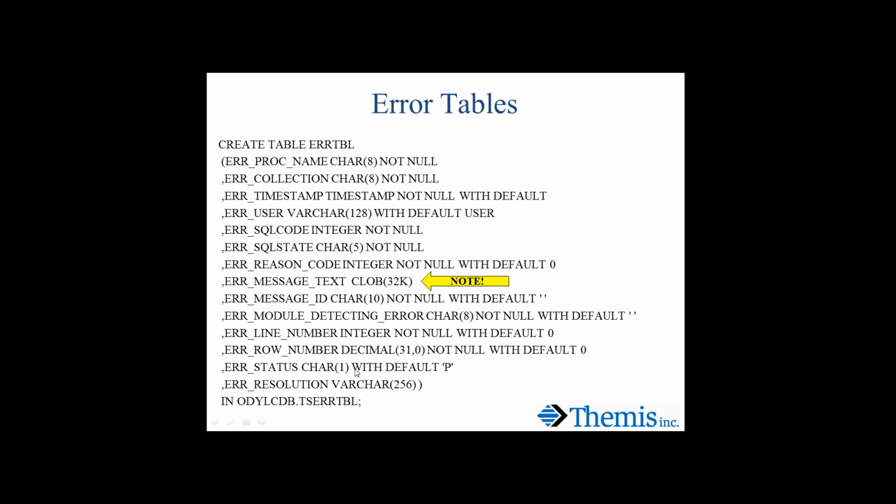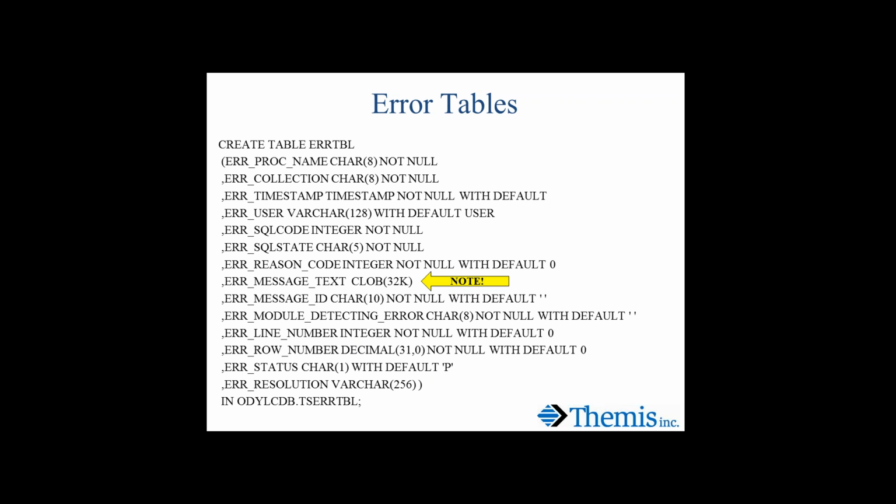And the nice thing about an error table, look at the last two columns down here. I have set up a status, and right now this error is pending, has not been resolved, or has not been analyzed. So it's in a pending status. And I have a variable length column down here so that the DBA or the diagnostic specialist can go out and select this row, turn around, analyze it, and then take action.